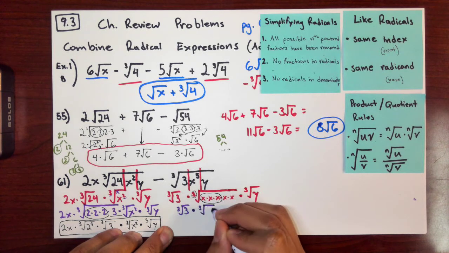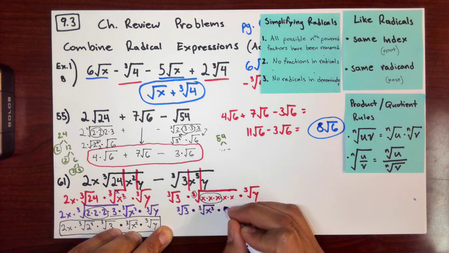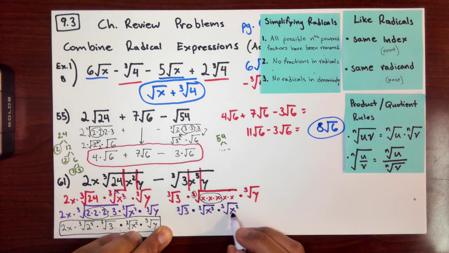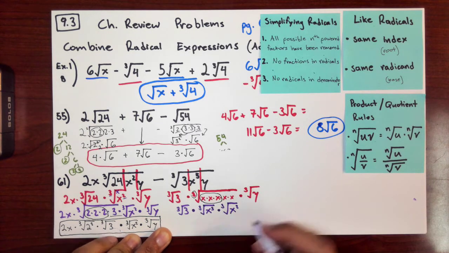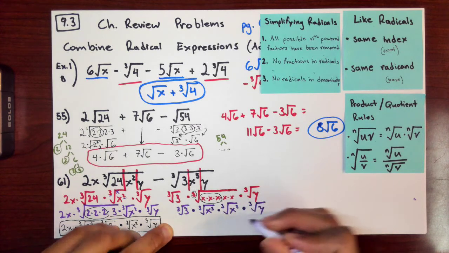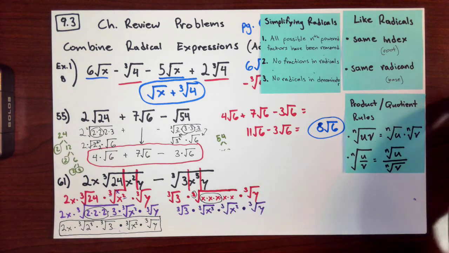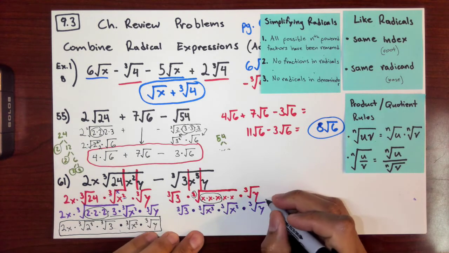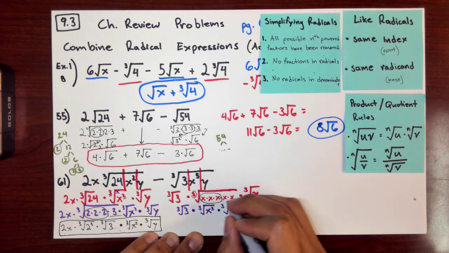The cube root of x cubed times the cube root of x squared, right? This can't be simplified, but this one definitely can. And then the cube root of y, that one's not going to be able to be simplified either. Okay, so I know it looks different, but this is the semi-final simplified version.